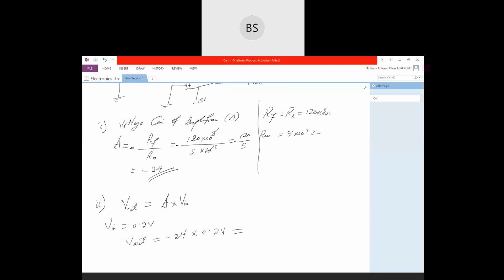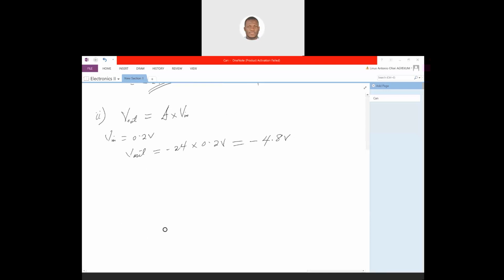Multiply minus 24 by 0.2. Okay, yes, Sarah, that is correct. Minus 4.8 volts. So we have minus 4.8 volts. Okay.